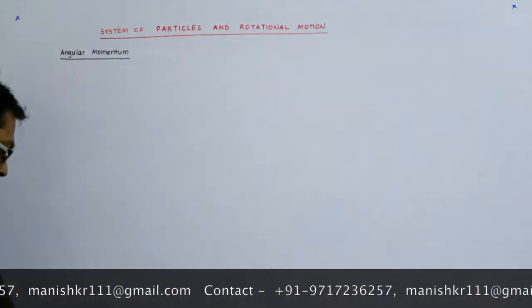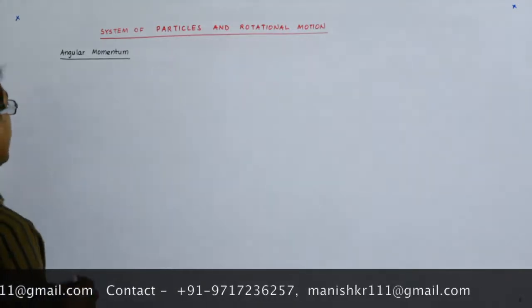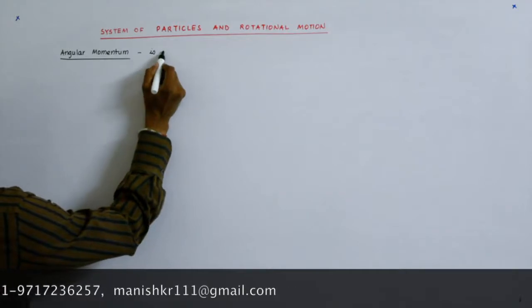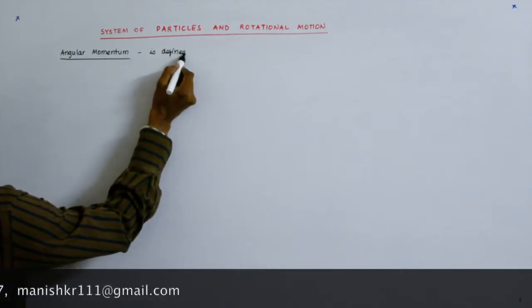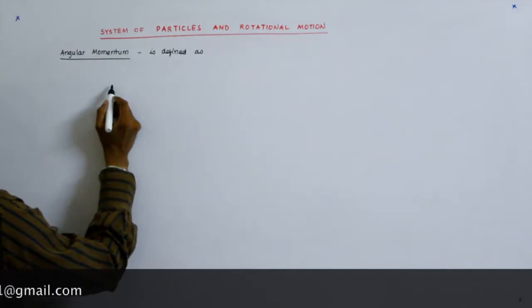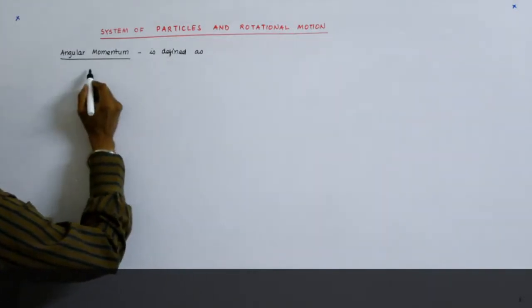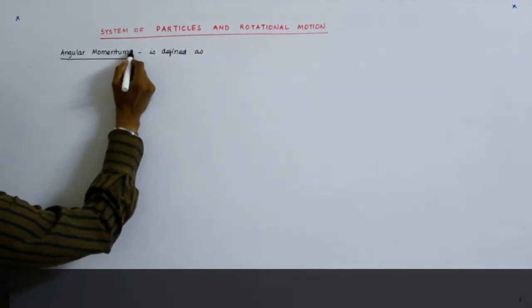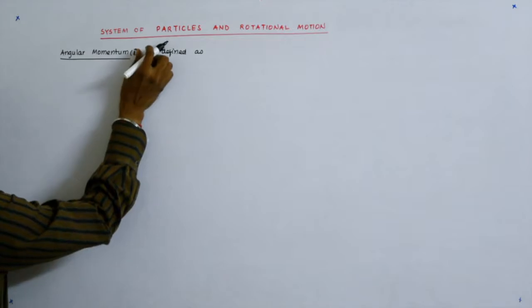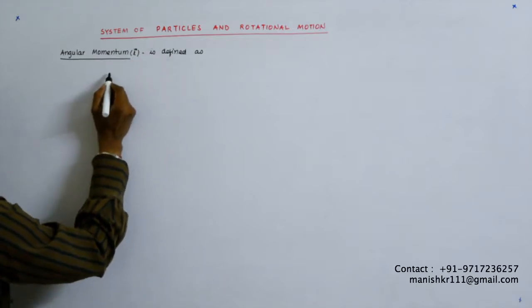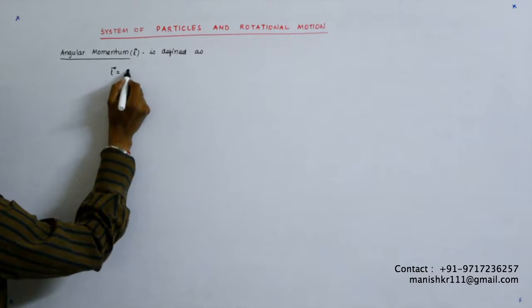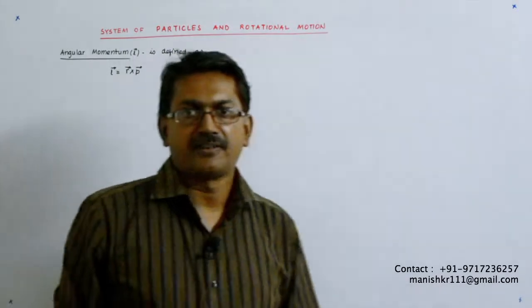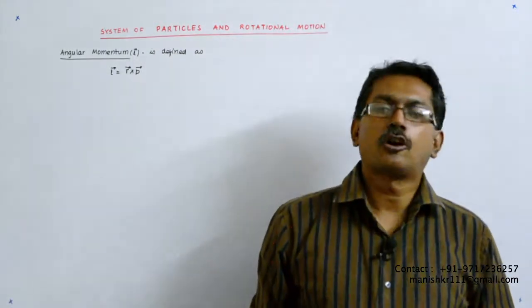Momentum in the rotational domain, and I decide to define it, is defined as L. This is denoted by L. L equal to r cross p. It is defined as r cross p.